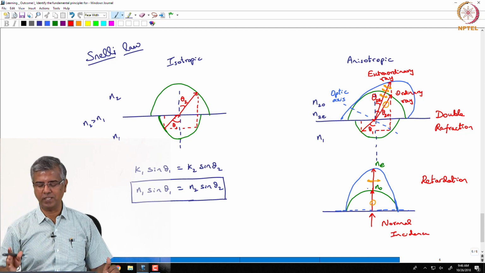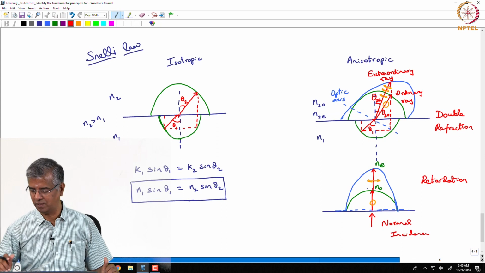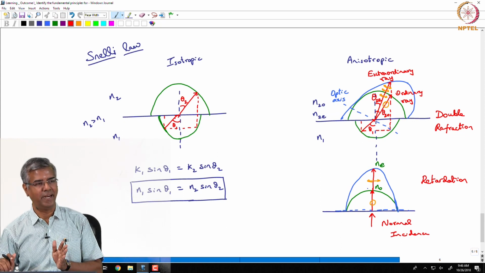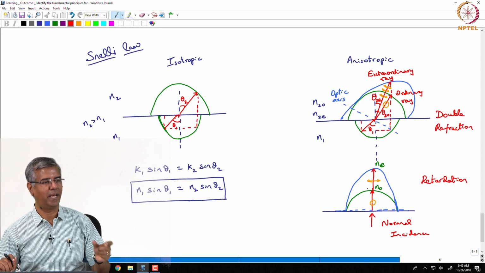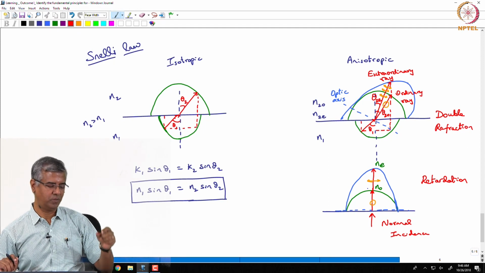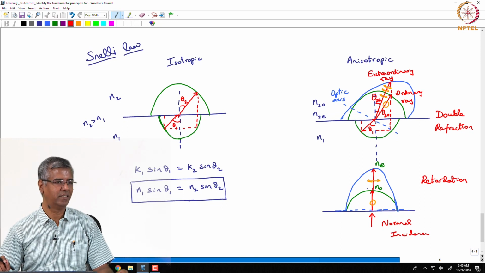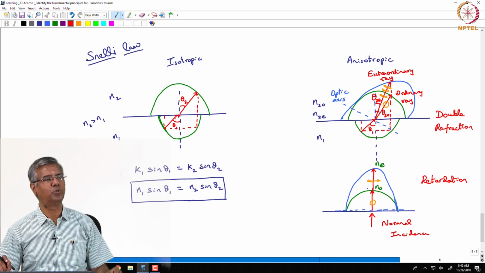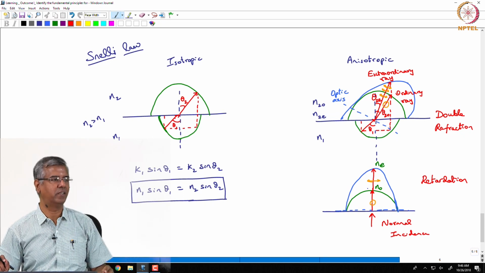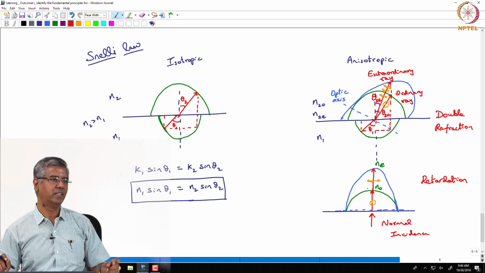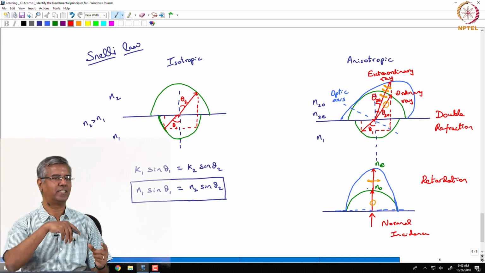You have phase fronts that are aligned in the direction of the original normal incidence, but your energy direction is off from that. So, if you see a dot through one of these materials, you will actually see two spots. One spot, the center, corresponding to the ordinary wave, and the other spot corresponding to the extraordinary wave, and you can actually rotate that crystal.